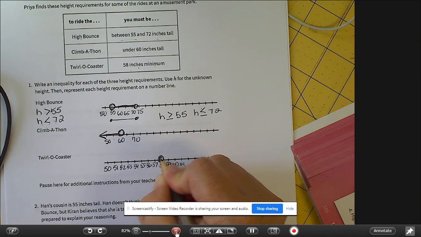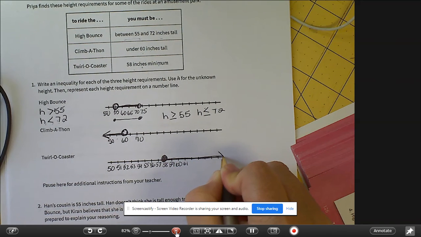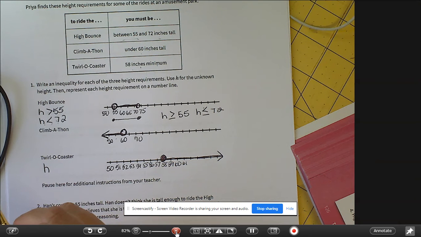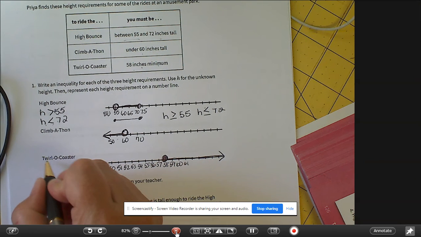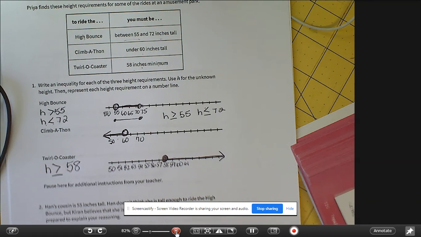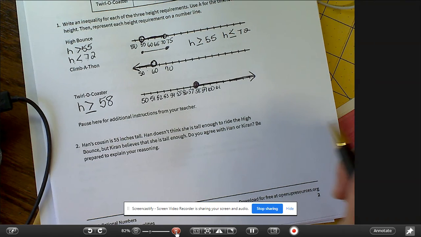So greater than or equal to 58, and then it's going to go that way. So the height is greater than or equal to 58. Okay, we've been doing these for quite a while in your spiral math, so you should be pretty comfortable with that.